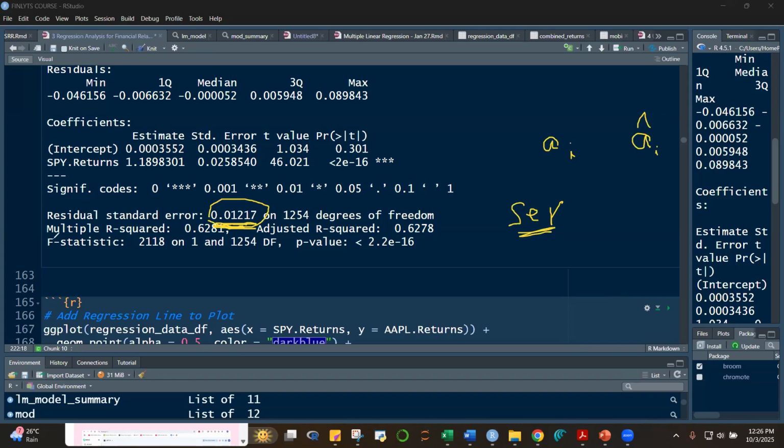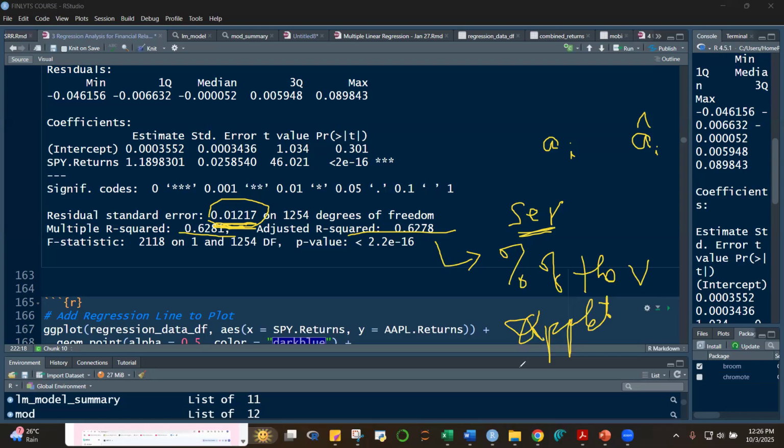All right. Then we have here multiple R squared, 62.8%, and the adjusted R squared, 62.7%. This tells us the proportion, or percentage, of the variation or variability of your target variable, which is Apple returns, that can be explained by your model.